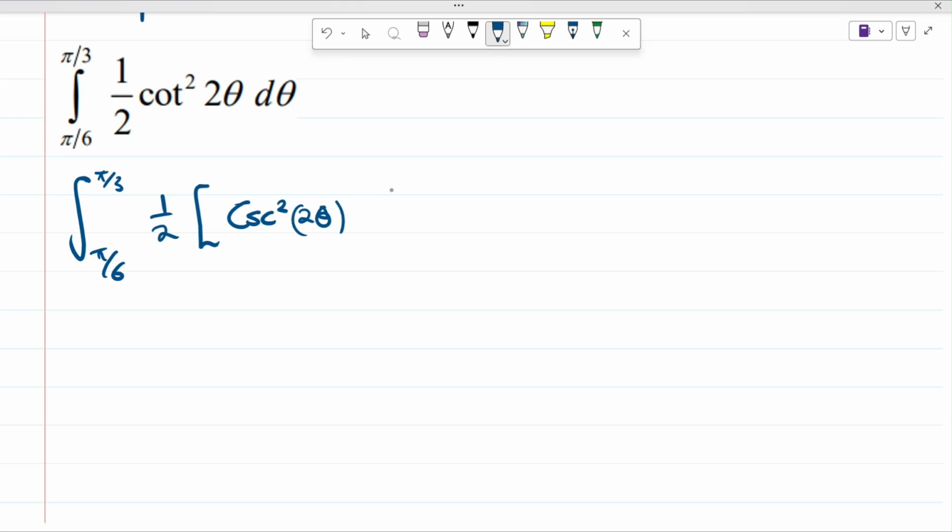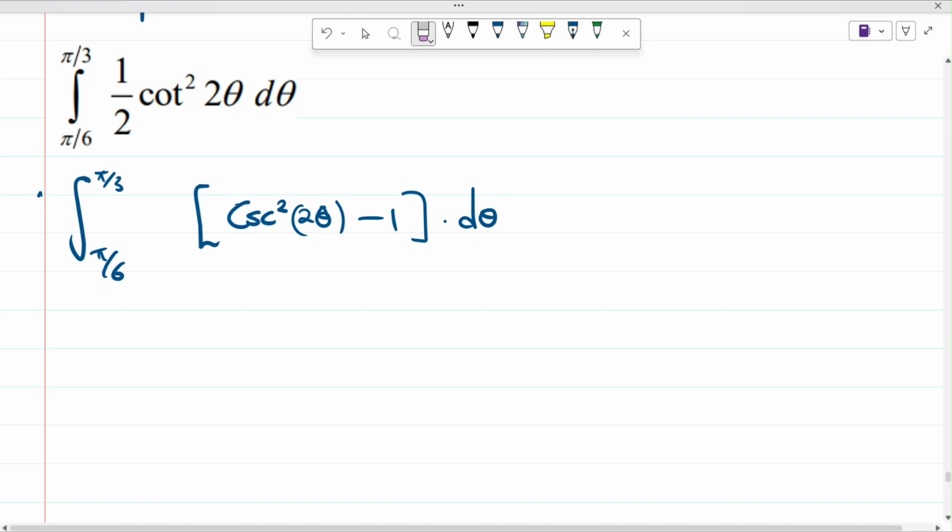So this is cosec squared theta minus 1 d theta. So here already, I can take the 1 over 2 out there. So I can take the 1 over 2 out, or maybe I should have taken it out here already. It's fine, it's the same thing.